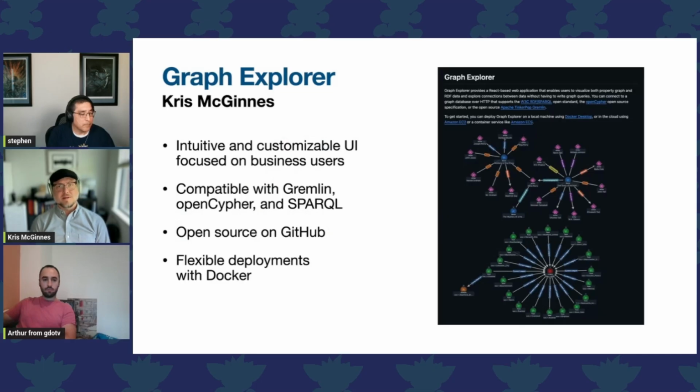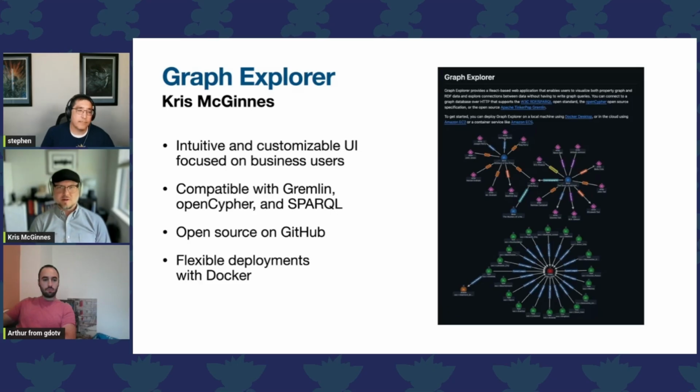Graph Explorer, if you're not familiar, is an open source React tool that helps visualize graph data, but without needing an understanding of the query language or how the data is stored necessarily. The goal is to get you into exploring your data as quickly as possible.